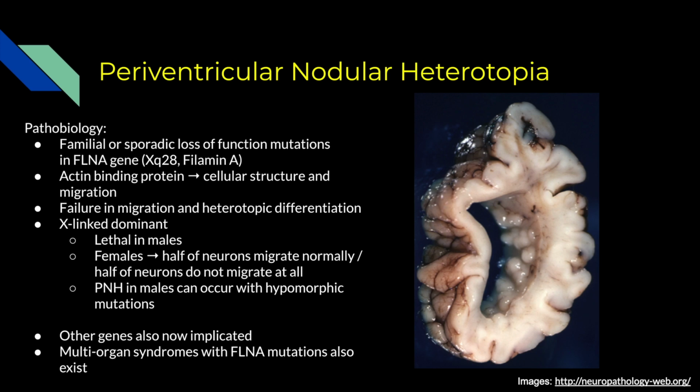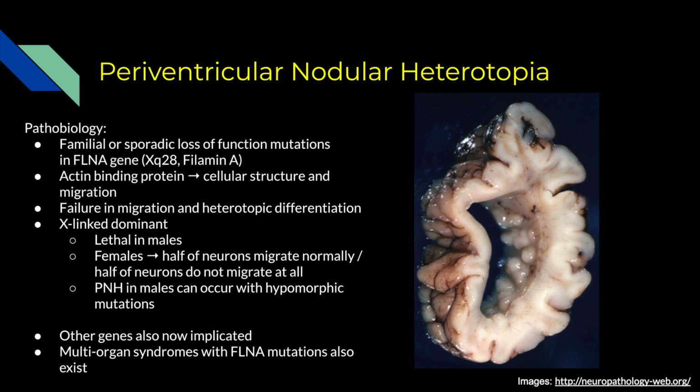And thus you get this failure of migration and this heterotopic differentiation of neurons. So it's X-linked dominant. Males only have one X chromosome, so when they have a filamin A mutation, all the cells in their brain are unable to migrate out, and thus they cannot form a cortical ribbon that would be required for basic function.